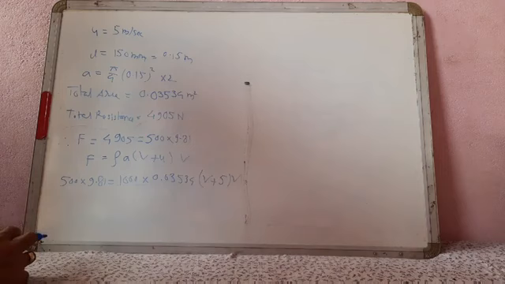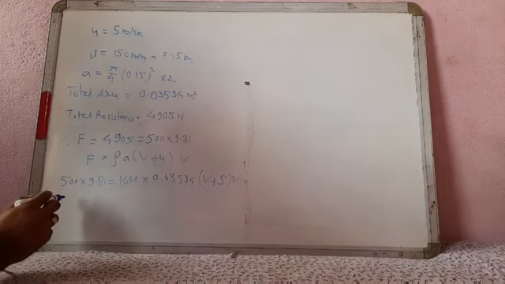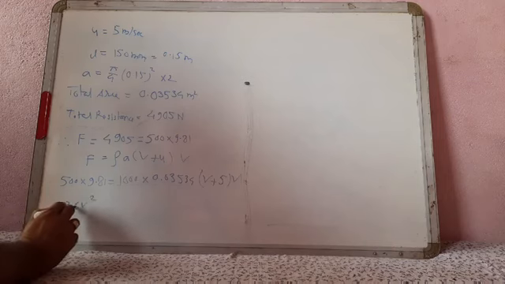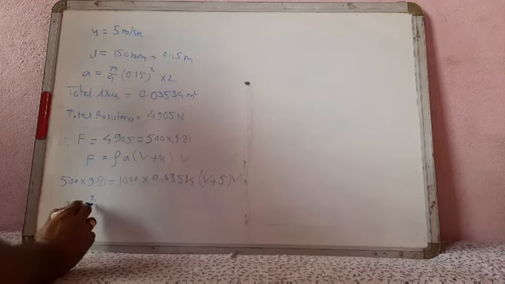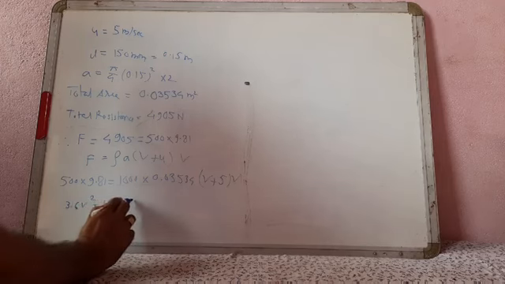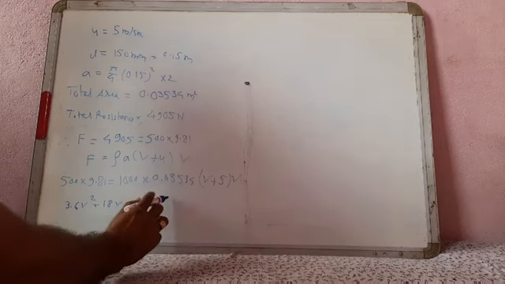So solving this equation, we got a quadratic equation as 3.6 V square plus 18 V minus 500 equal to 0.